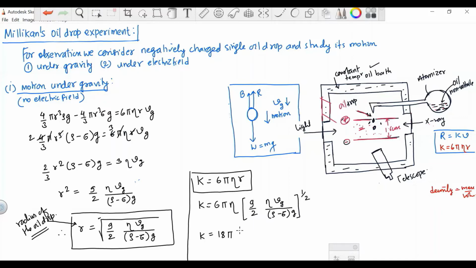So this becomes eta power 3 Vz by 2 (rho minus sigma) g, and whole power is half. So this is the value of K. Clear? This is the value of K.